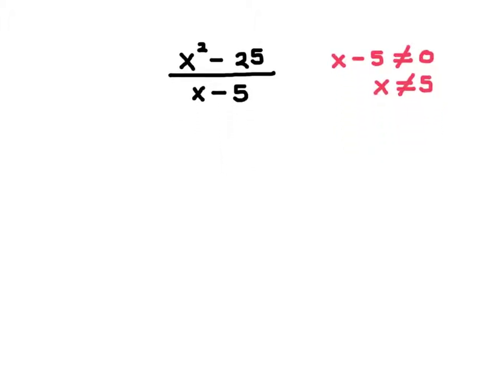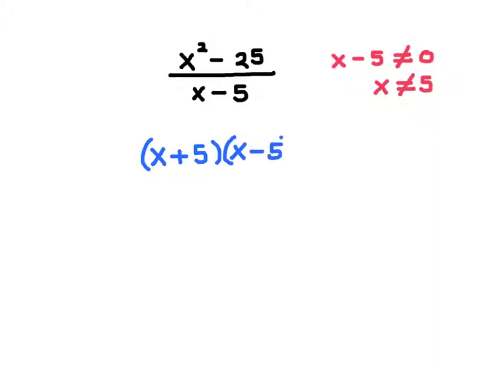And let's start by simplifying the numerator. The numerator is the difference of two squares, and the difference of two squares is the product of two conjugate binomials, which is the square root of the first plus the square root of the second times the square root of the first minus the square root of the second.